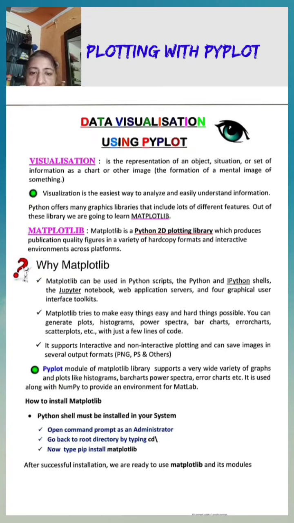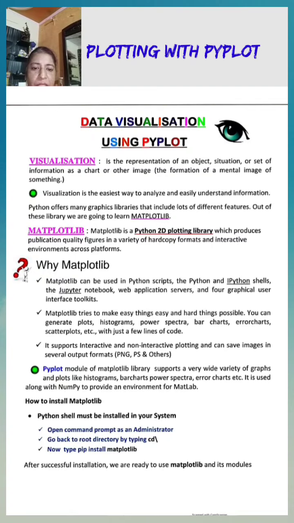This pyplot is what? This is the module which contains the methods to draw the charts. Clear? Matplotlib is the library and pyplot is the module which we study in this library, and it contains a variety of graphs and plots like histogram, bar chart, pie chart.